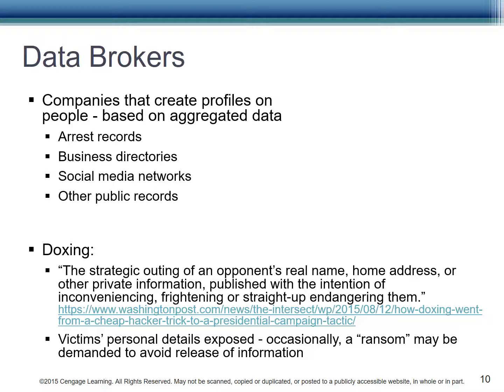Doxing goes a little farther. In this case, you're trying to let others know who someone is and how to contact them. This has been done with political campaigns where a candidate will give an opponent's personal cell phone number, for instance. It's been done by groups that are opposed to the Westboro Baptist Church, where their names and addresses have been exposed.